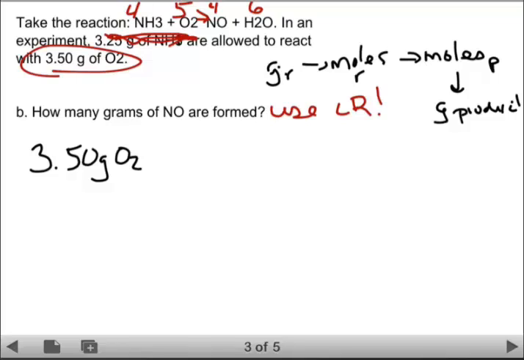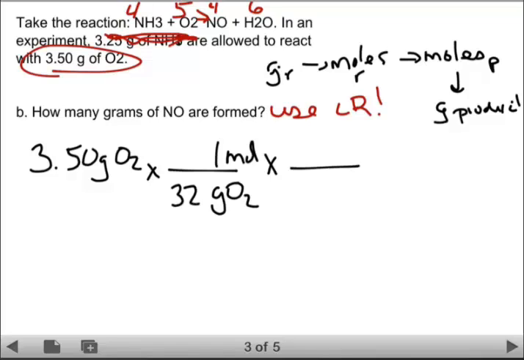In order to do that, first thing, you'll see a trend here, always going from grams to moles to begin with. So you're going to have 3.5 grams of O2. I need to get rid of that, so I'm going to put grams O2 in the bottom and 1 mole on top, always 1 mole. The grams there will be 32.